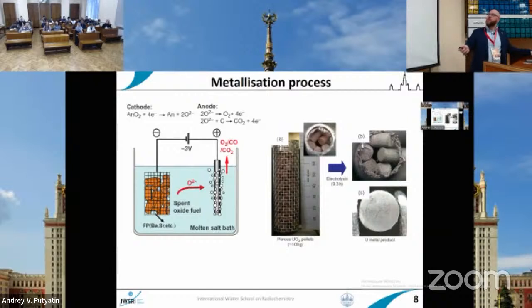But here there is a direct reduction of uranium dioxide with the application of potential. This basket is the cathode basket, where there is a reduction of the uranium. You can see, I hope, that these pellets are placed so that there is contact between every pellet, a very dense placement of the uranium dioxide pellets.